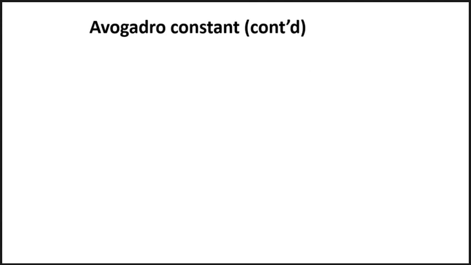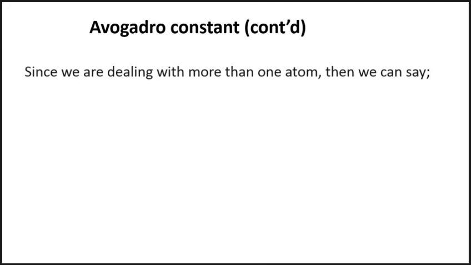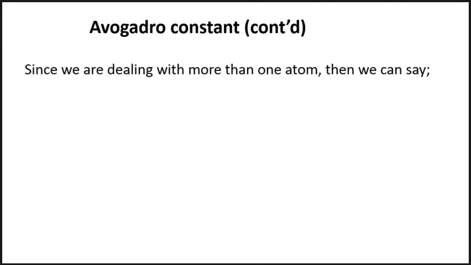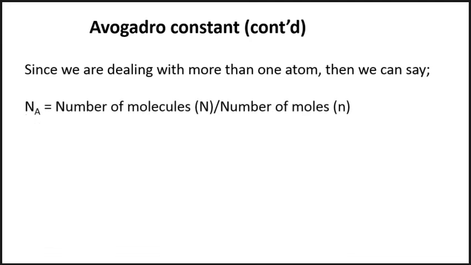Now, another thing you need to take note of is that since we are dealing with more than 1 atom, then we can say that Avogadro's constant is equal to number of molecules, capital letter N, divided by number of moles, small letter n.